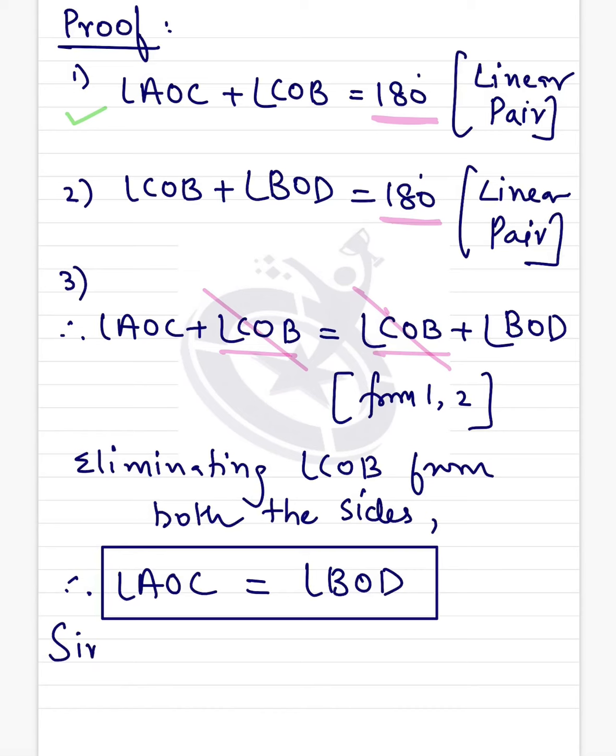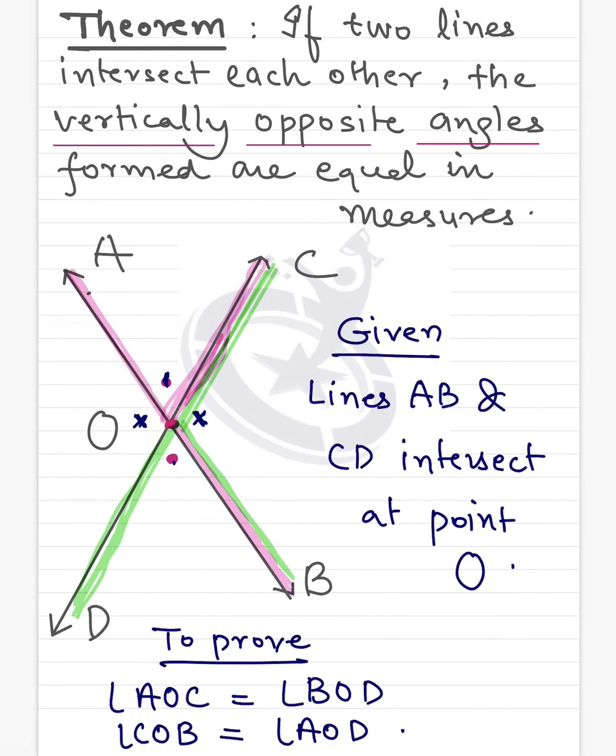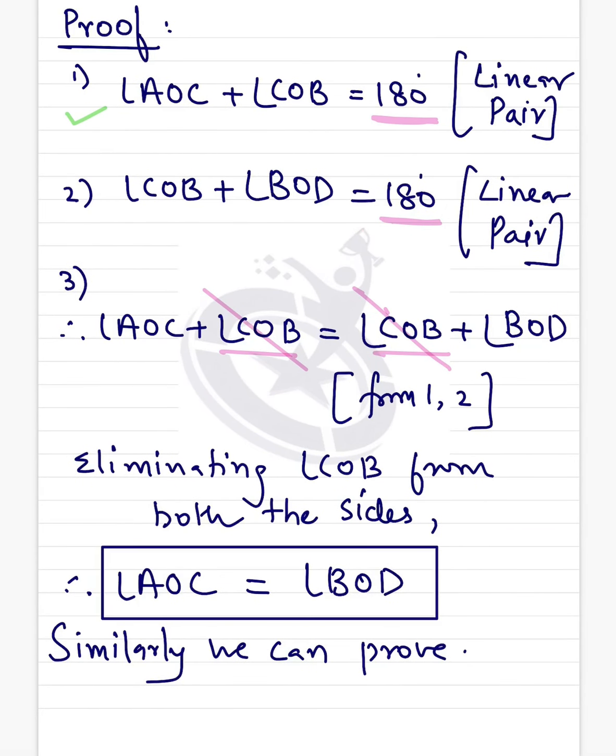So we need not prove it, we can write directly, similarly, we can prove. Which is the other pair of vertically opposite angles? Angle COB is congruent to angle AOD. So we can write that similarly, we can prove that angle COB is equal, or congruent, to angle AOD.